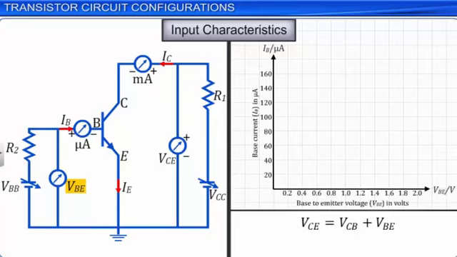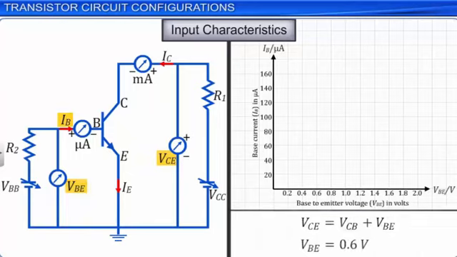An increase in the collector emitter voltage, VCE, appears with an increase in the collector base voltage, VCB, keeping the base emitter voltage, VBE, constant. Thus, the effect on the base current IB is negligible. Hence, the different constant values of the collector emitter voltages, VCE, give almost identical curves for the input characteristics.